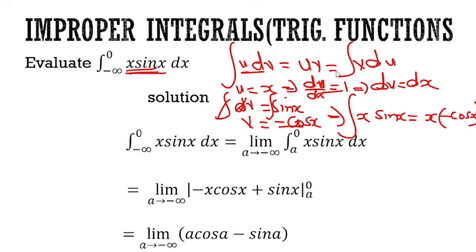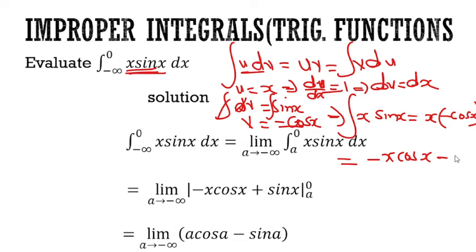Minus integral v, our v is negative cos x, and then our du is equal to our dx. So x times negative cos x is negative x cos x. Please do not be tempted to write cos squared x. This is x times negative cos x. This is negative x cos x minus.